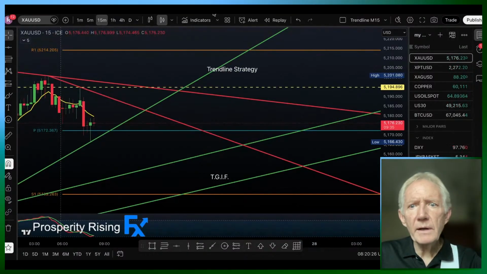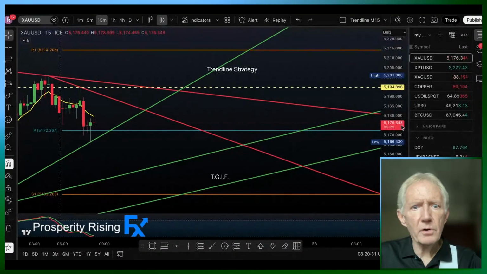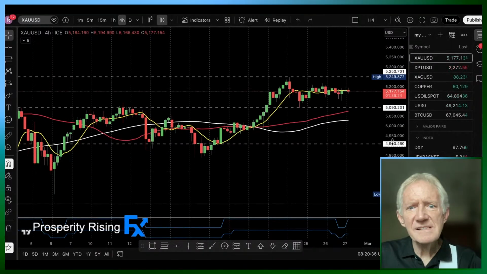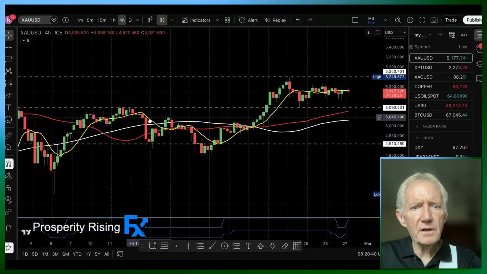We might just quickly look at the 4-hour chart, and you can see why it's not doing very much on the 4-hour chart. All we're doing for 2 weeks, we were just in this consolidation zone. And then it finally did break. This is our market structure here. And then it finally broke above structure.